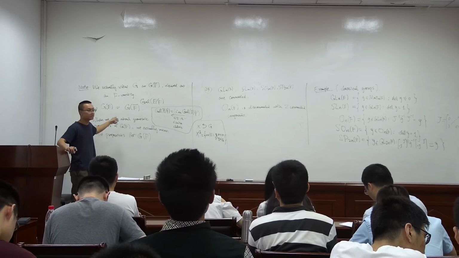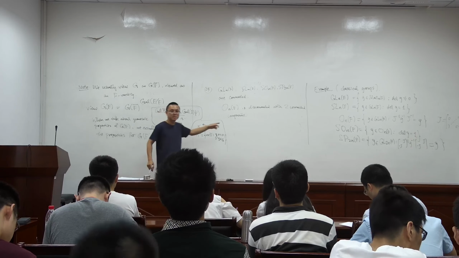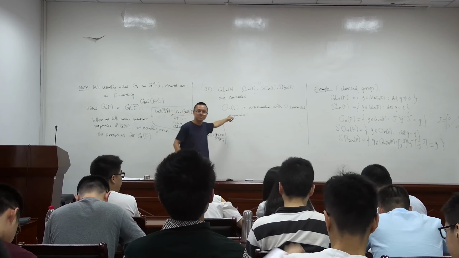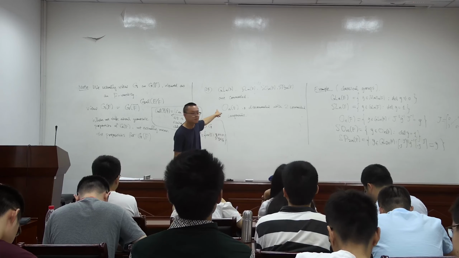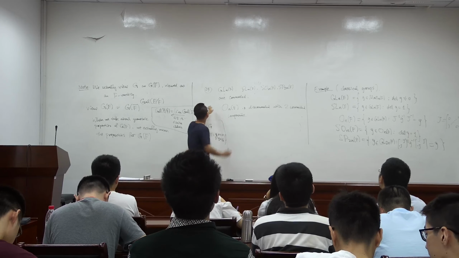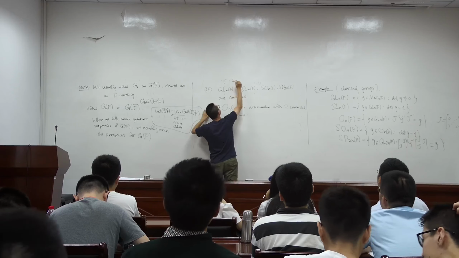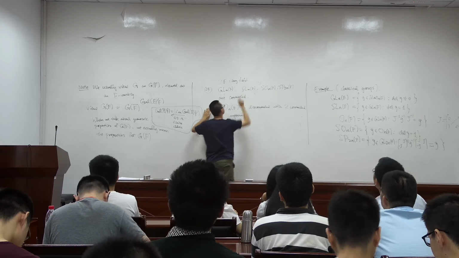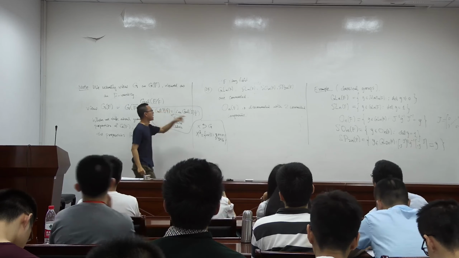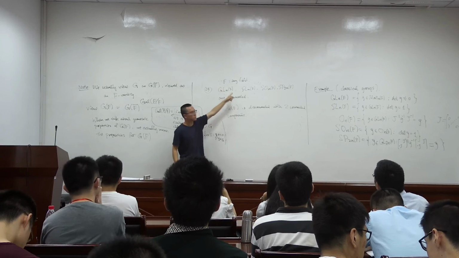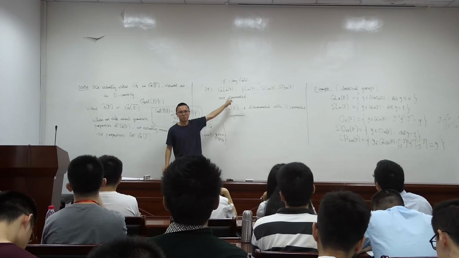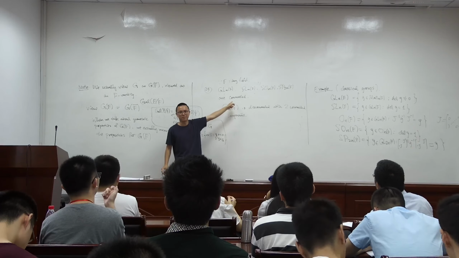Is here the F... for any field, it is connected? For any field, yes. So you may ask, if F is finite, then these are finite groups. So what's the meaning of the finite groups being connected?